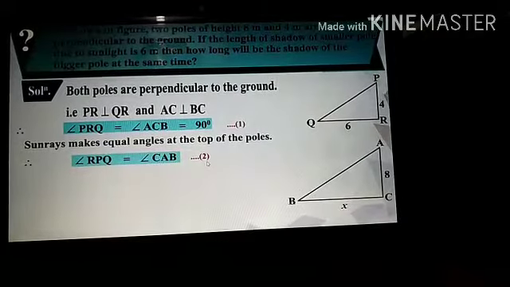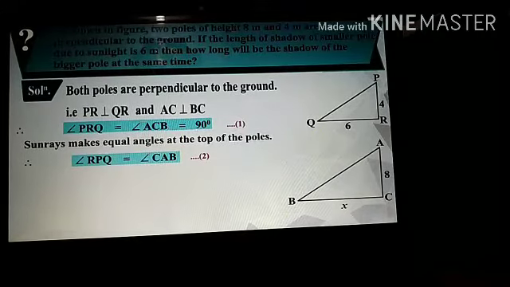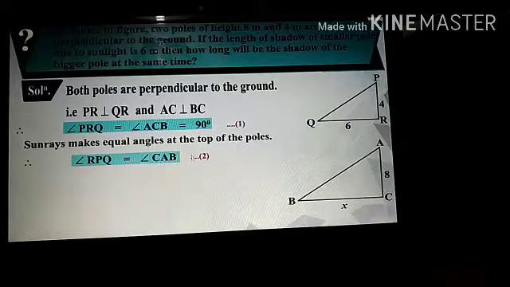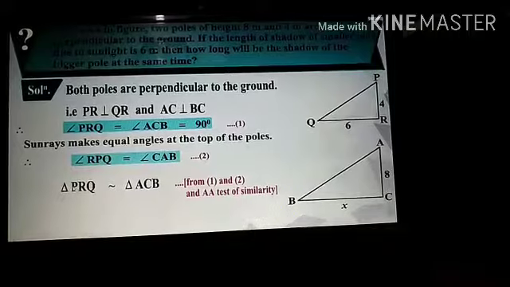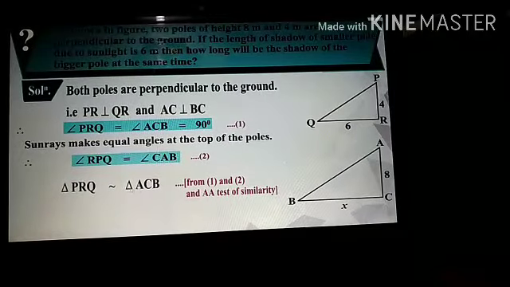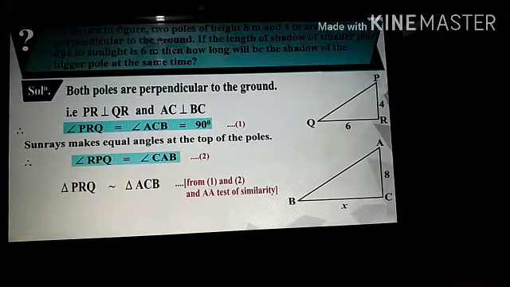So for a given triangle PRQ and triangle ACB, I have two angles of the first triangle equal to two angles of the second triangle. Then I can say triangle PRQ is similar to triangle ACB by AA test of similarity, and this I have obtained from point 1 and 2.